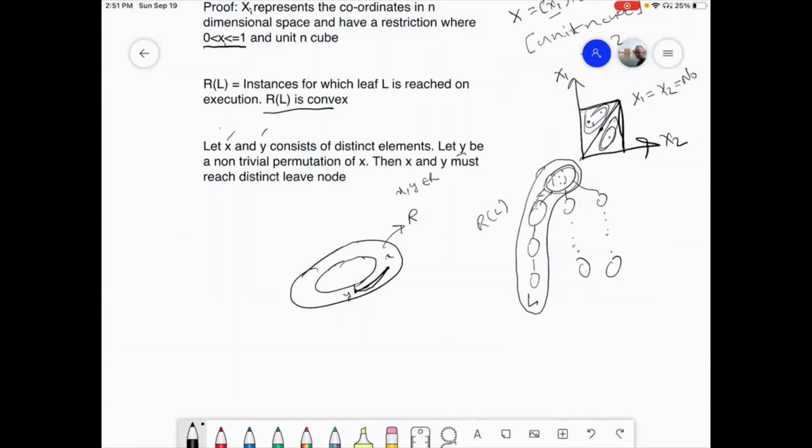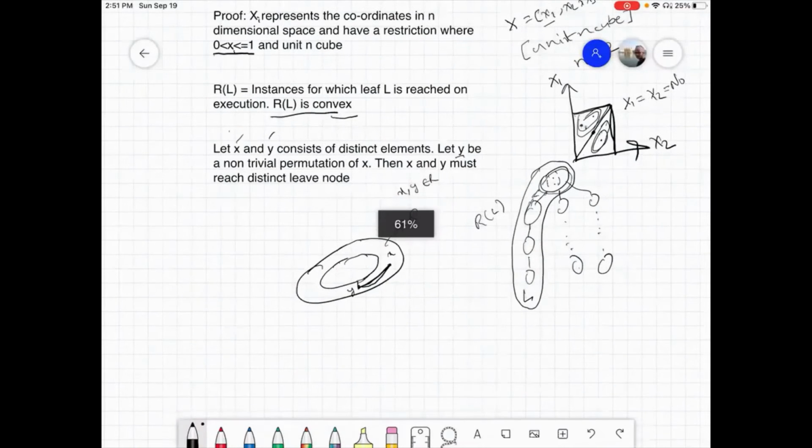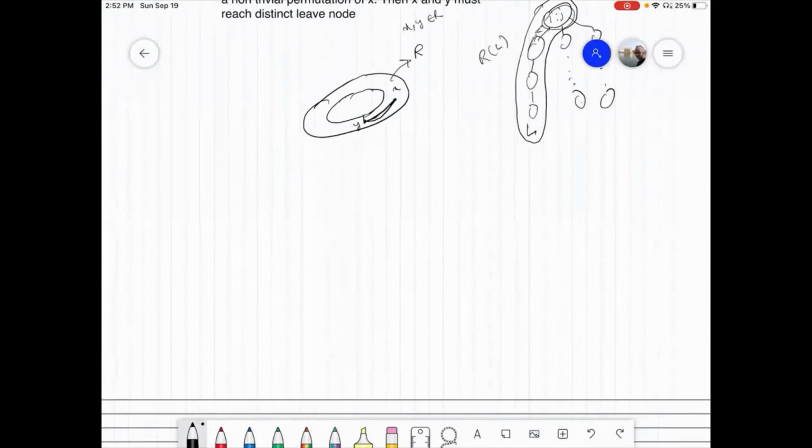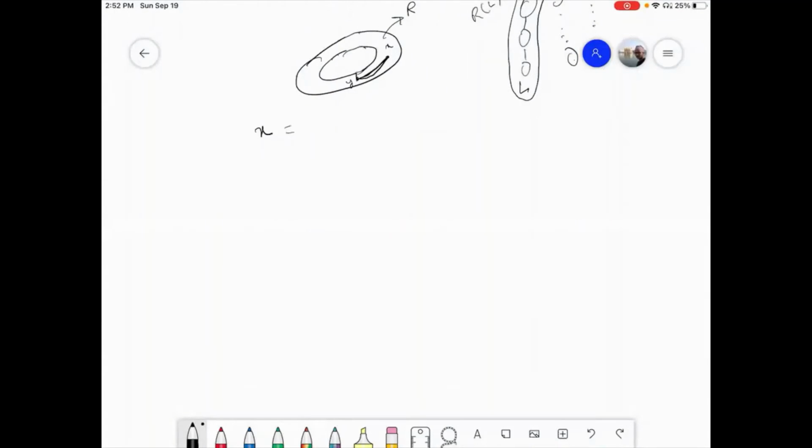So in order to prove RFL is convex, we consider various instances X and Y. Execution of X and also Y leads us to L. X has multiple points, and Y also has multiple points.